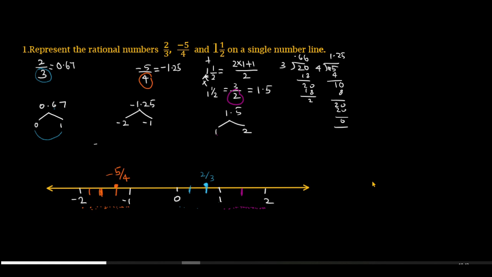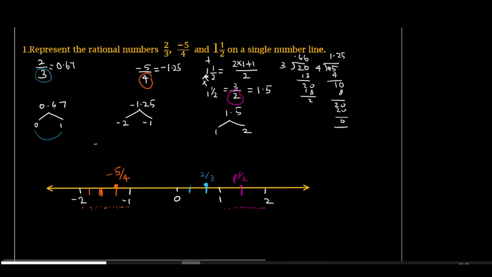That is the place for 1.5, exactly the middle. Or else you can mention the exact number, which is 1 by 2. So this is the place for 1 by 2.